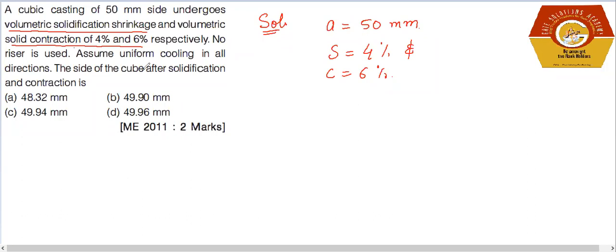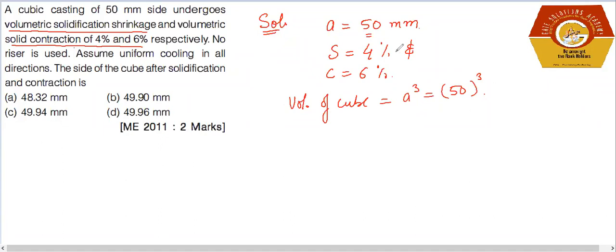Okay, so the side of the cube after solidification. Let us first define the volume of the cube. Whenever I say volume of the cube, it is A cube, which is equivalent to 50 cube, right?